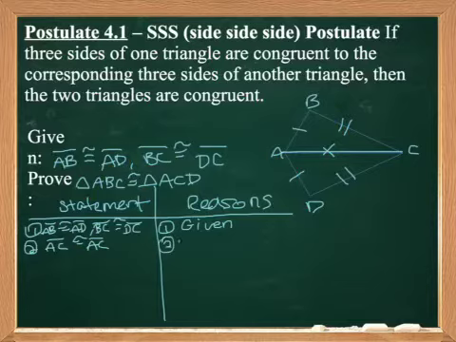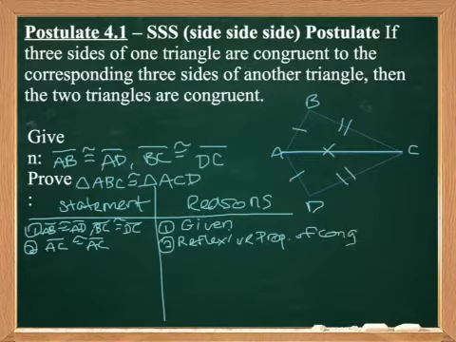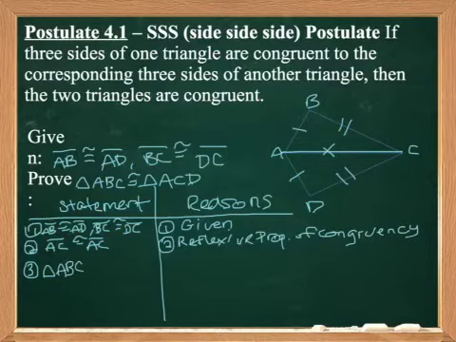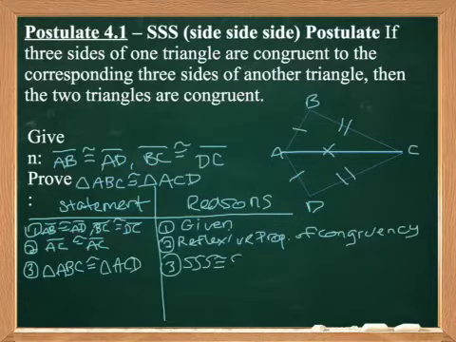Make sure you're including that it's the reflexive property of congruency. Now we have two sides congruent, the third side congruent. We can skip right away to telling that the two triangles are congruent. And this would be because the three sides are congruent to each other.